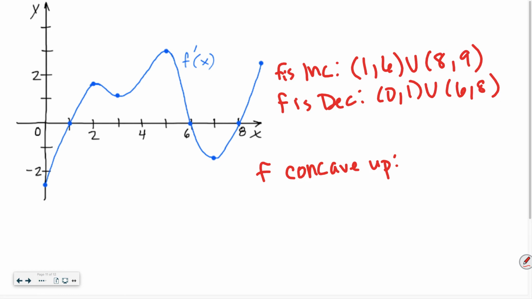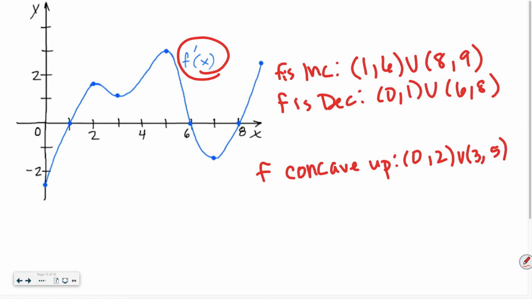What do we need to look for in our derivative if our function is concave up? We want our slopes to be increasing. So our derivative, we want it to be increasing. So we are concave up for our function from 0 to 2 because our derivative is increasing. We are concave up from 3 to 5 because our derivative is increasing.